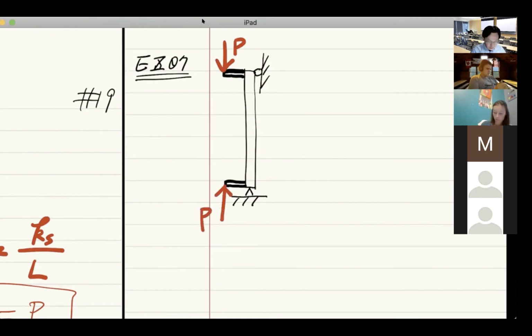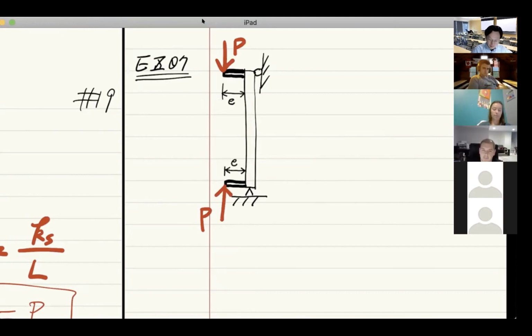Now the length of this little extrusion part, we define it as regular E. Of course, the same length at both ends, like this.